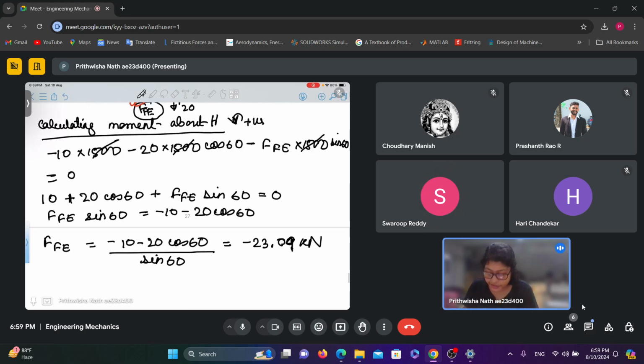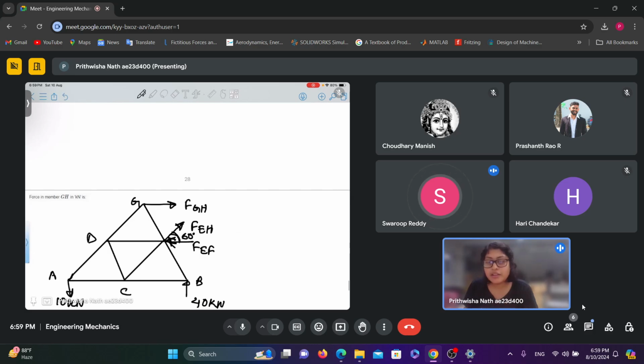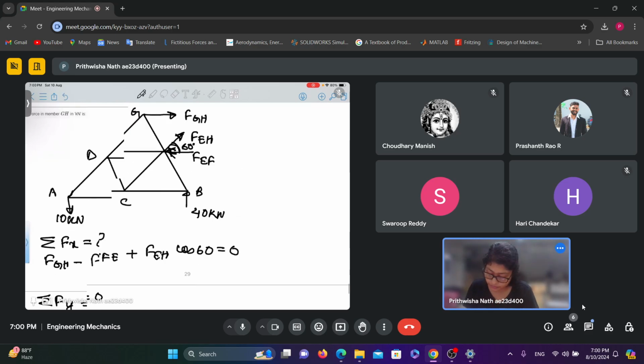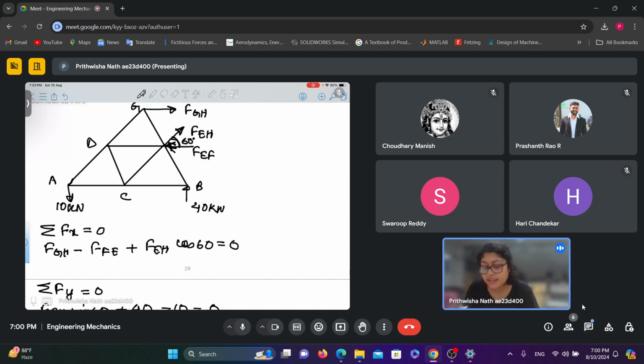But I got it to be negative, so this suggests it is in compression, right? So when I am calculating for the rest of the truss, I am already reversing the arrow since it is in compression, and then writing the equilibrium equation. So I am taking into account this minus sign. Understood?